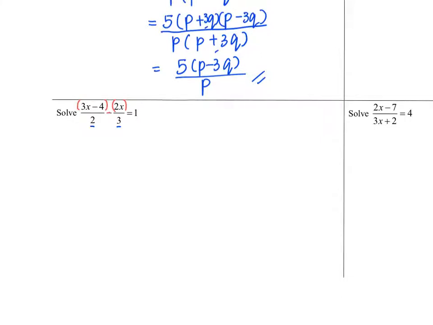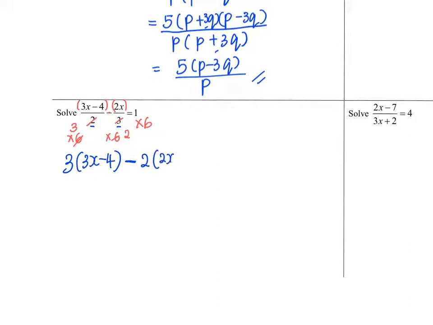So what I'm going to do is multiply by 6 throughout to every single term. If I multiply by 6, 2 and 6 will cancel out to leave 3. 3 and 6 cancel to leave 2. 1, nothing to cancel.